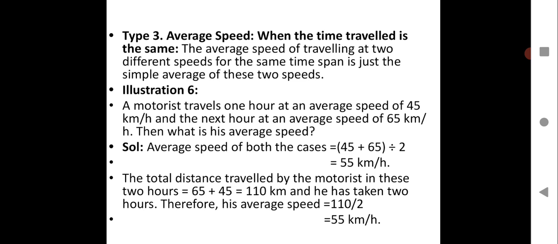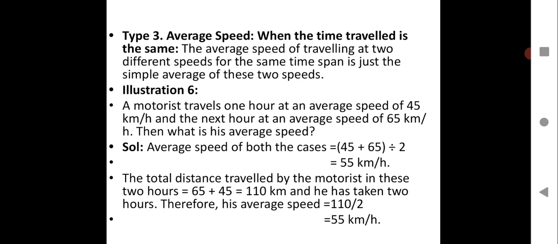The total distance traveled by the motorist in these 2 hours will be 65 km plus 45 km, that is 110 km. And he has taken 2 hours, therefore what will be his average speed? So you just have to use the formula speed is equal to distance upon time.